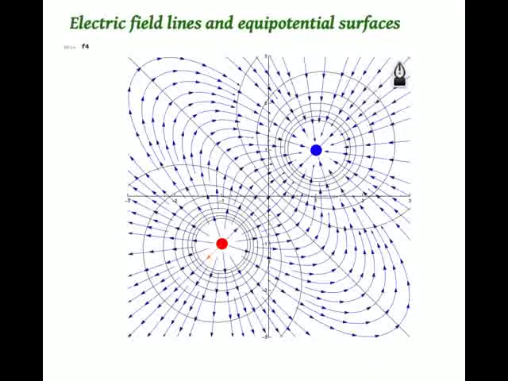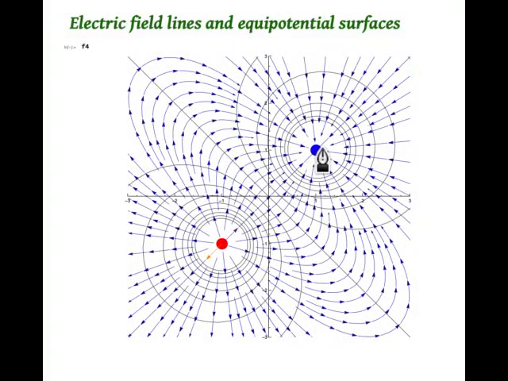So it's everywhere perpendicular to the equipotential surfaces, or the equipotential curves in two dimensions. It could be either pointing outward, because this is a high potential point where there's a positive charge. So the potential is decreasing as you go away from a positive charge. And the electric field points in that direction.